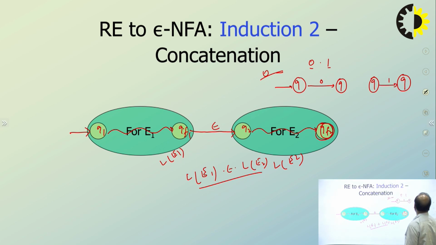This is 1, and you connect with epsilon. Finally, this is the starting state and this will become the final state. So this will accept 0 epsilon 1, so this is accepting 0.1. This is very simple concatenation. No additional states are needed over here.